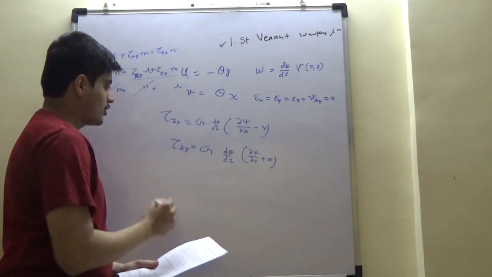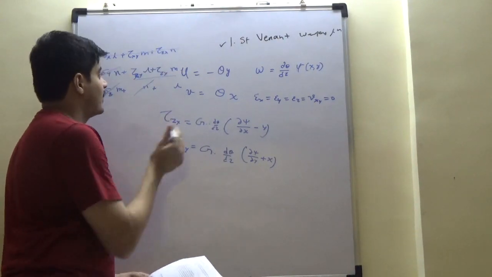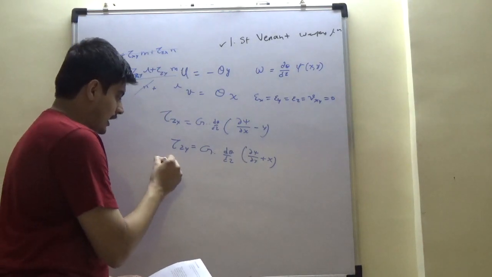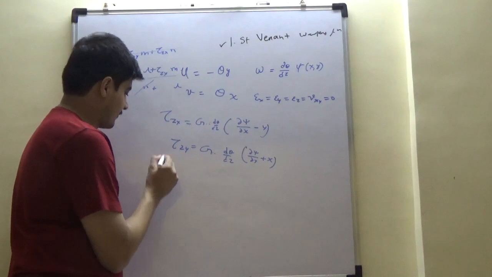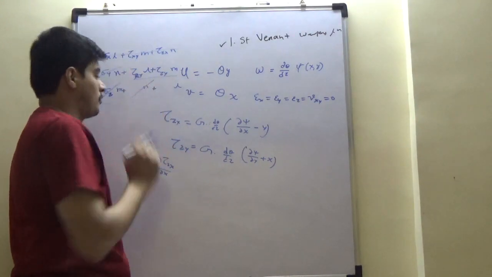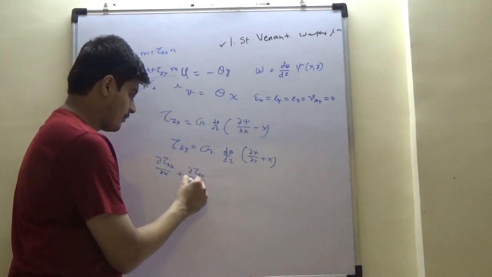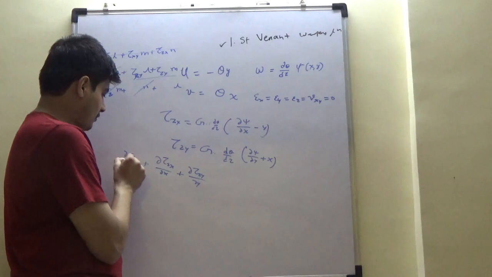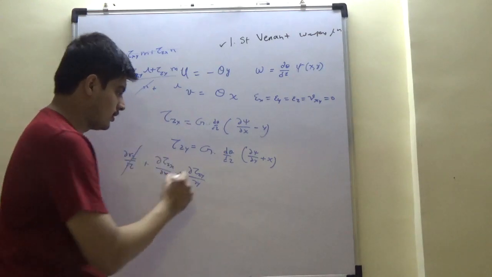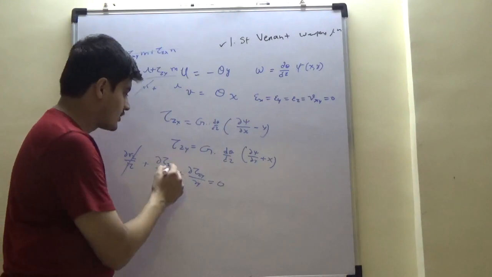And since these are directional constants, what we said further is from the equation of equilibrium of x bar, del tau zx by del x plus del tau zy by del y plus del sigma z by del z. This is anyway 0. In absence of body force, the equilibrium equation is this.